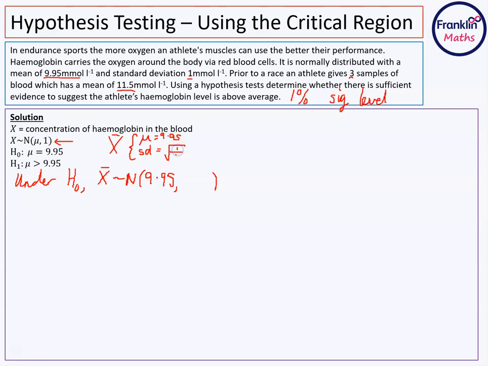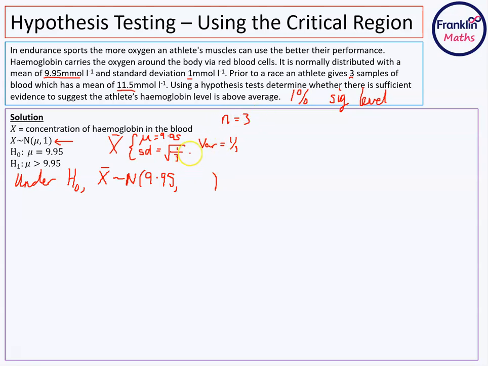So 1 over 3 like that. Remember that the variance then is going to be a third. Okay, and remember that's just taking the 1 there and dividing it through by the samples. Okay, so maybe I should have written at the top there n equals 3.